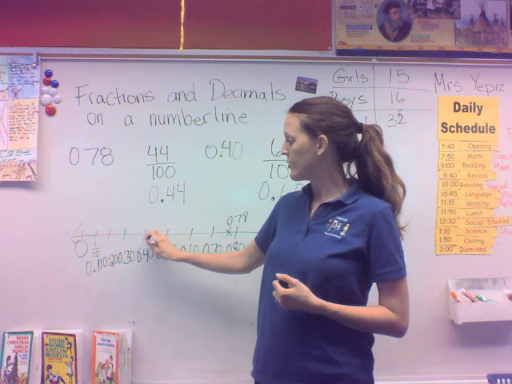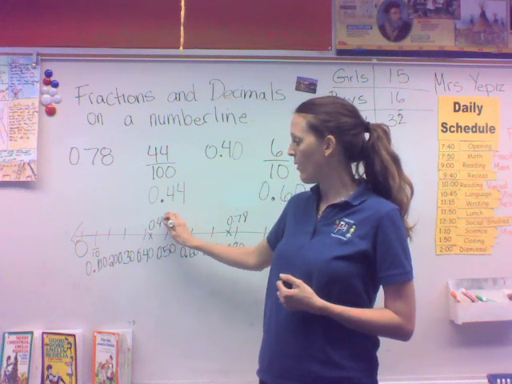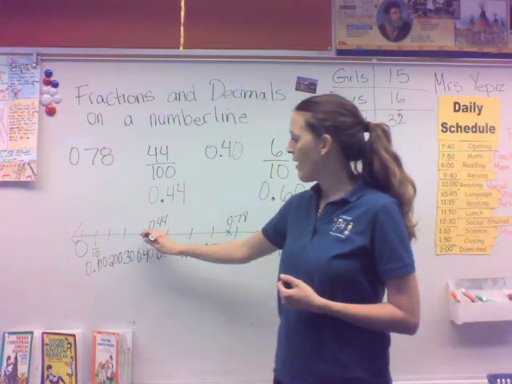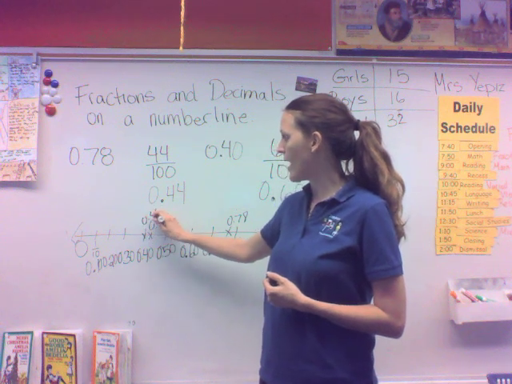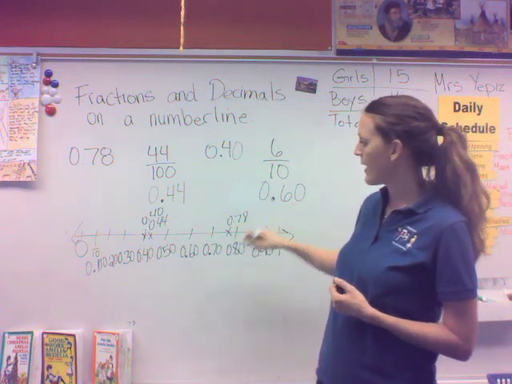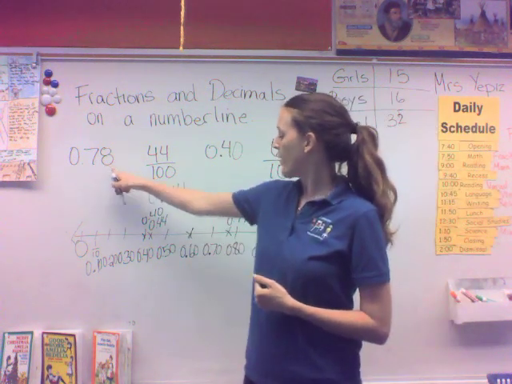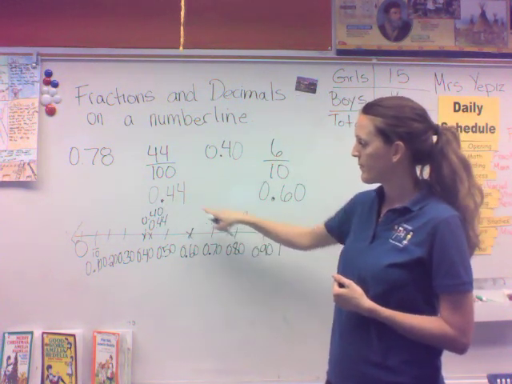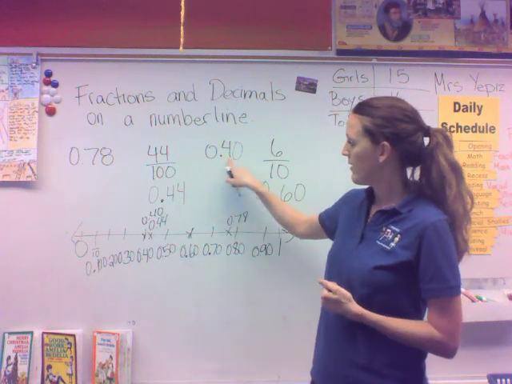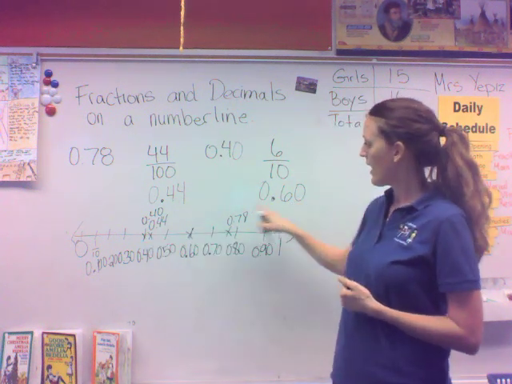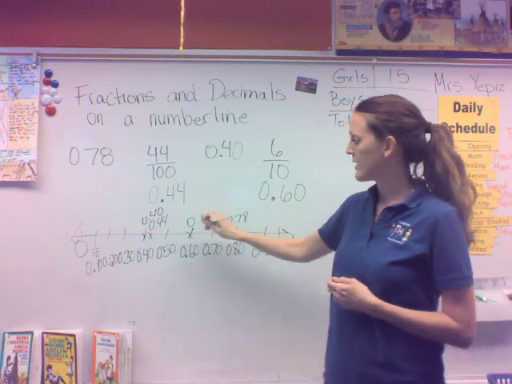My 44 hundredths would go a little bit up over the 40 hundredths. My 40 hundredths would fall right on there. And my 6 would fall right there. So here's this on the number line, this one, and 60.